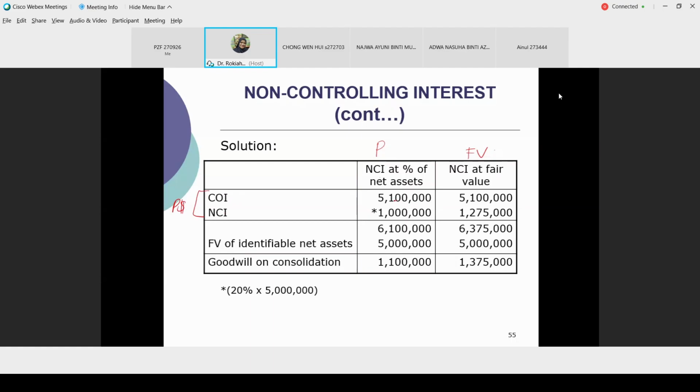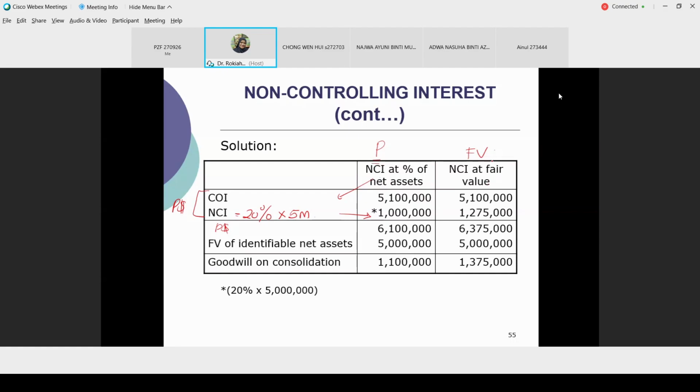COI here is 5.1. The NCI is calculated based on the percentage, 20%, times the net identifiable assets of 5 million, so we have 1 million. Total all this together, the purchase price here is 6.1. Compared with net identifiable assets of 5, the goodwill on consideration here will be 1.1. This one is NCI at net asset.